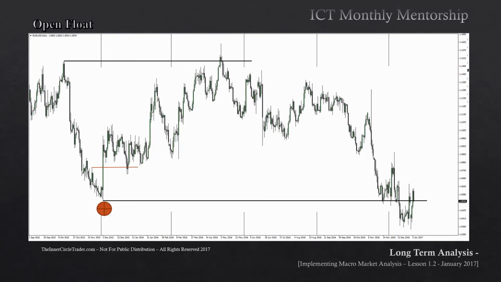So it was a pretty significant move for the euro dollar. There's going to be sell side liquidity or sell stops in the form of a liquidity pool below that low. You see price did in fact sweep down here and grab that liquidity, neutralizing all the sell stops.